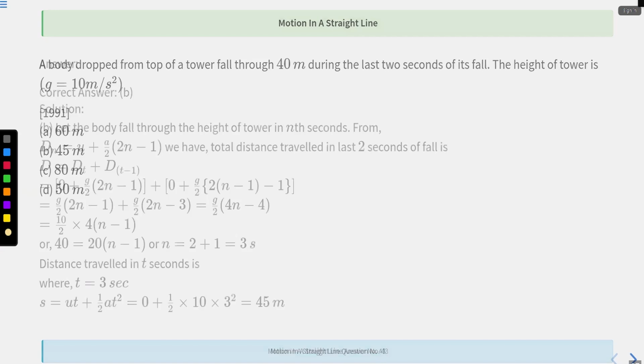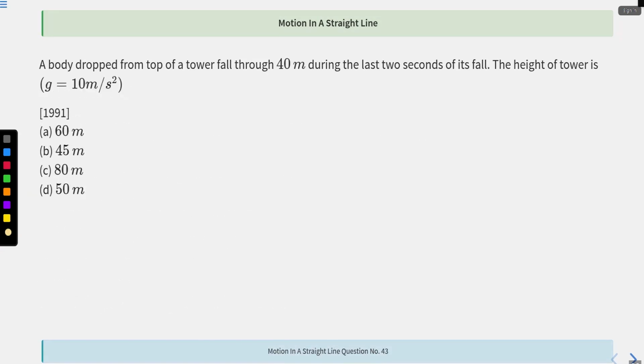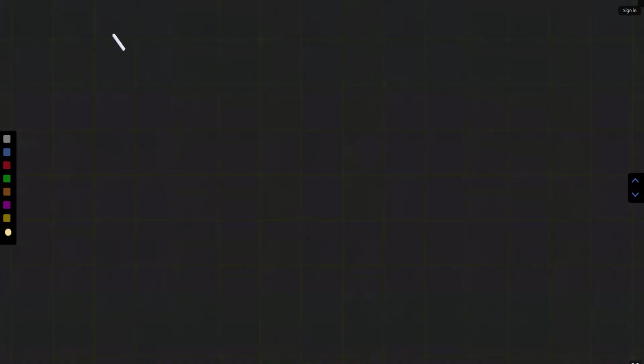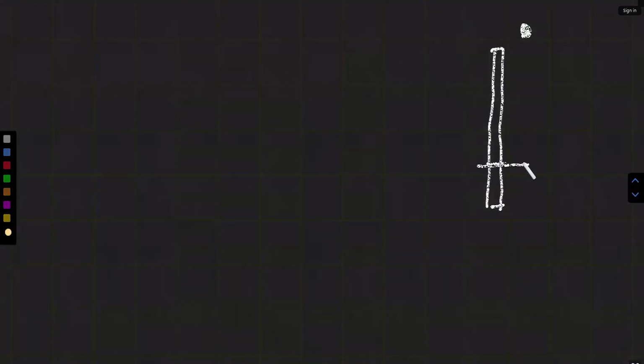So what they are saying is that this is the tower. They are saying that from the top of the tower the body falls, and in the last 2 seconds from the ground it covers 40 meters.